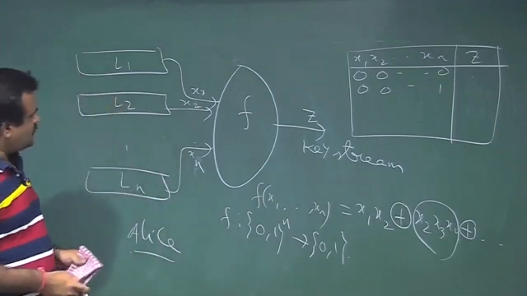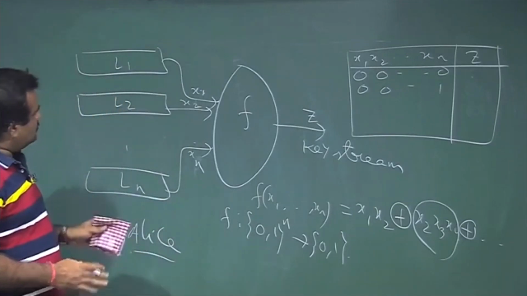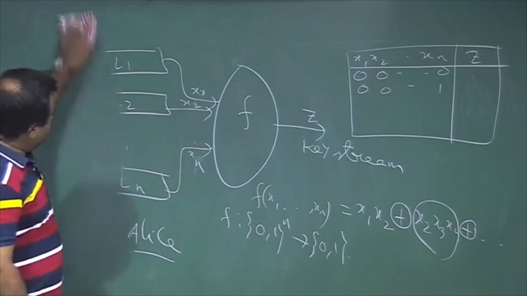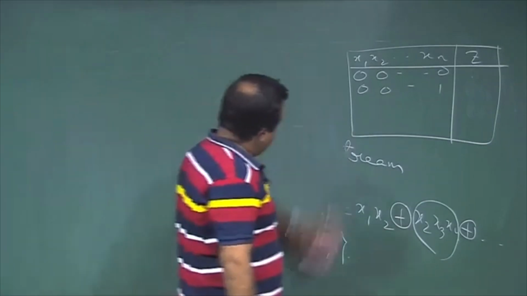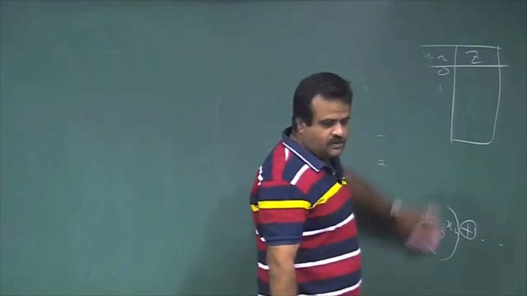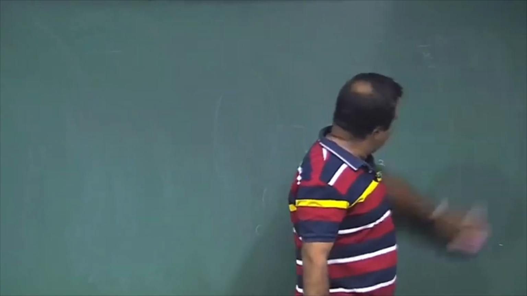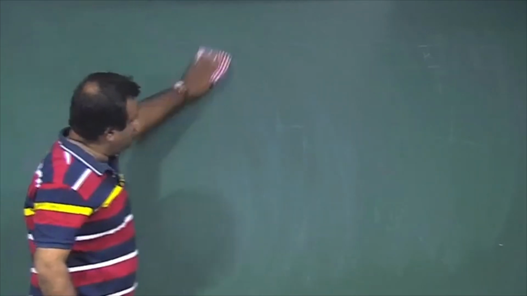Okay, so this is the general structure of an LFSR based stream cipher. For any general stream cipher, this is a synchronized stream cipher.